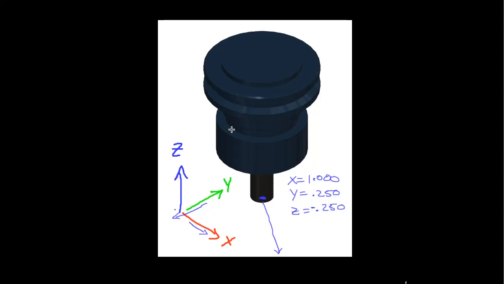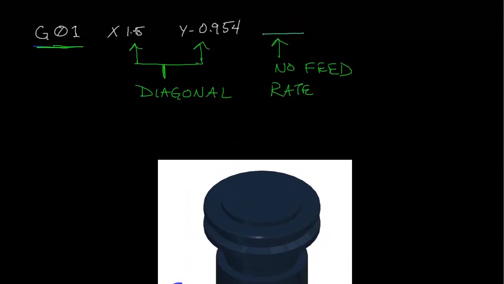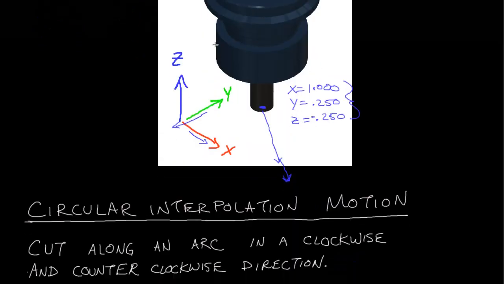Maybe if this is the 0 point, it's going to go below the X-axis line here, because it's going in the negative Y direction. So it might end up down here somewhere. But anyway, we're going to take a diagonal path, the shortest path between its current position, which is right here, to this X 1.5 position and this Y negative 0.954 position.